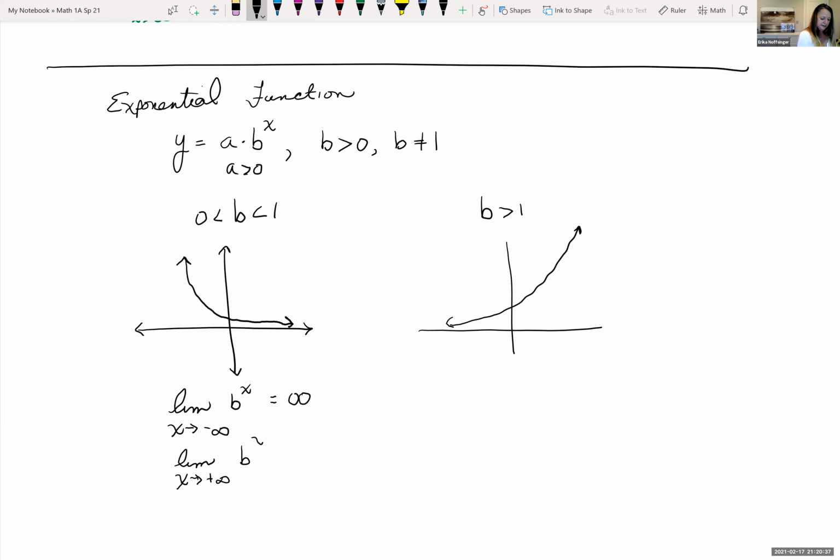If I'm looking at my graph and as x is going to positive infinity, my y value is getting closer and closer to 0. It's never going to equal 0, but it's getting closer and closer to 0. And so the limit as x is going to positive infinity here is equal to 0.